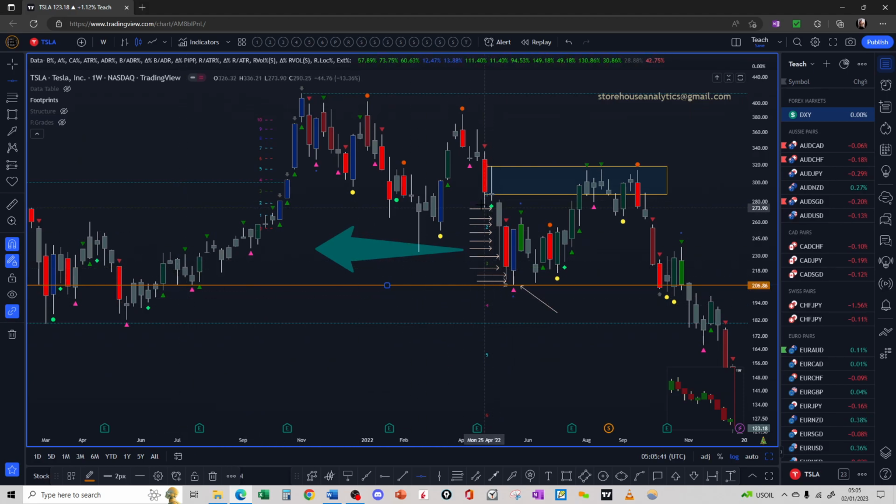Every single buyer who wanted to buy as prices left that level has had their order filled. What that does is show you a representation of your initial profit margin. And that's something that is critically important.